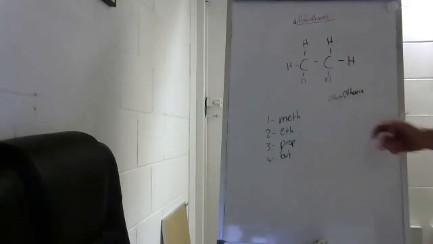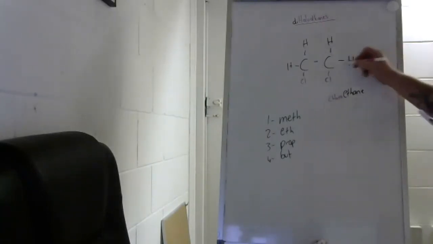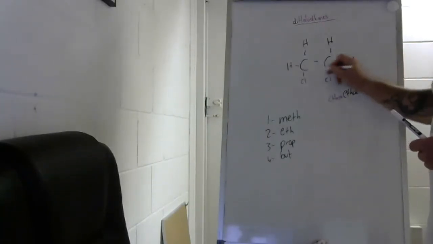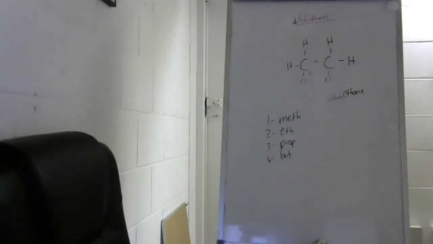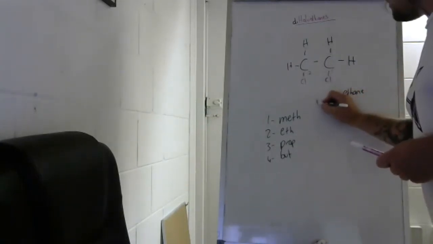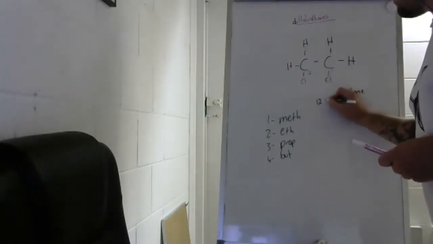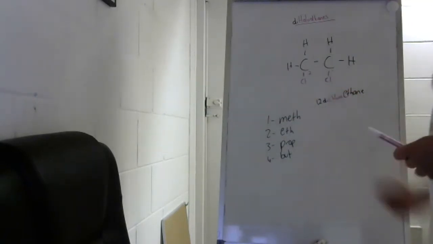It's all the same stuff. This is where we have to number the carbons. I mean, there's only 2 carbons here. So we would call that 1,2-dichloroethane.